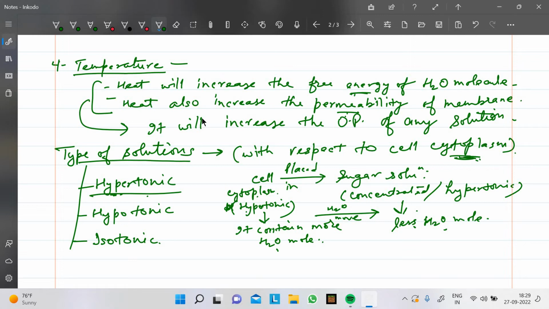When we place a cell in a hypertonic solution, water will move out from the cell. Water will exit from the cell, and this process is called exosmosis: exit of water from the cell. Clear?